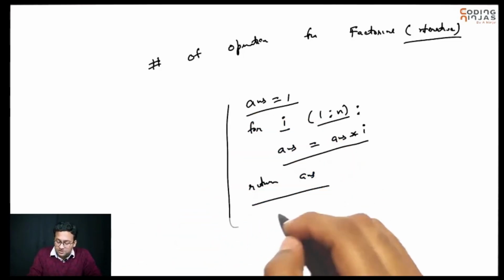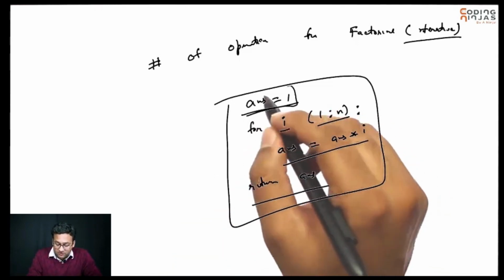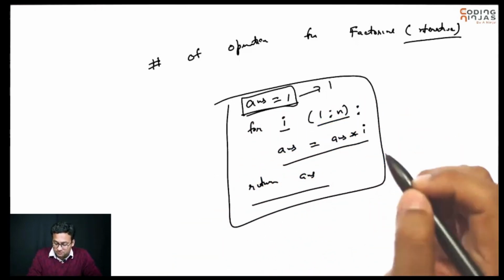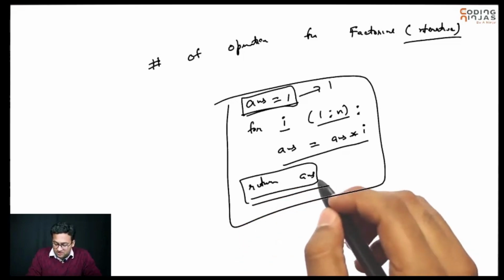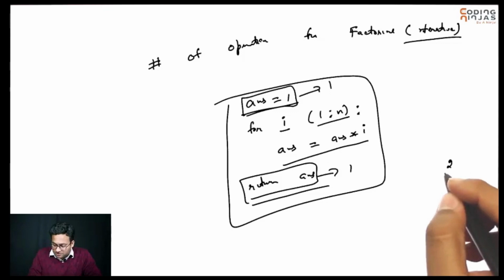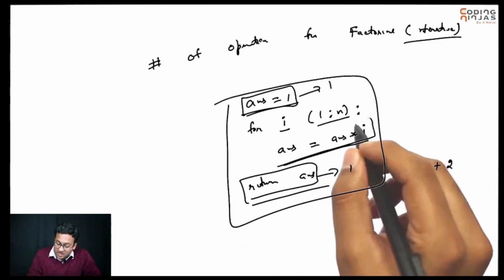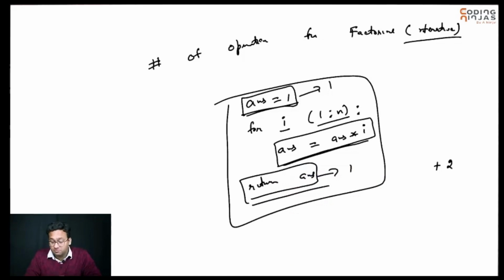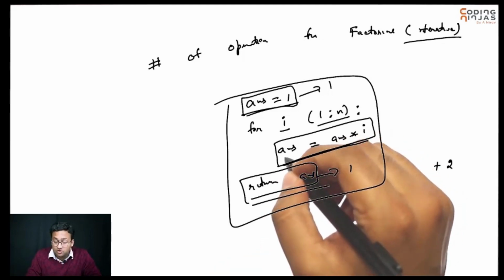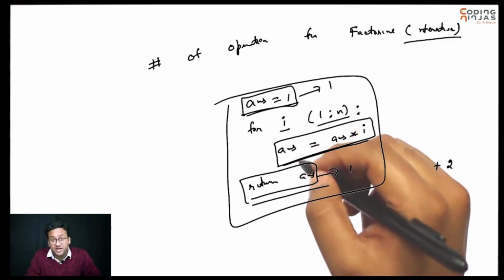So how many operations will this require? Now this assignment is one operation. Returning, we can say, is another operation, right? There are two operations plus. This multiplication is again one operation, but this multiplication is not happening one time. It's happening repeatedly. How many times?